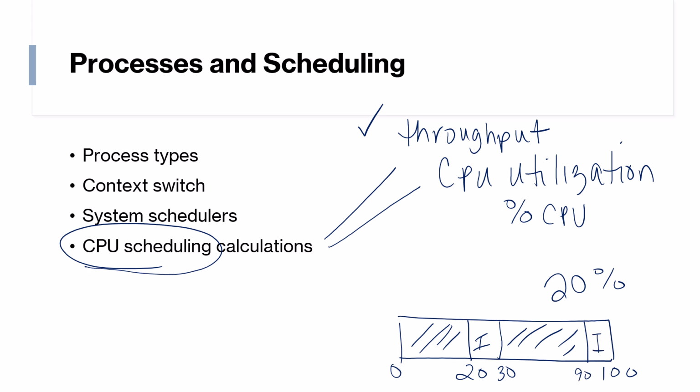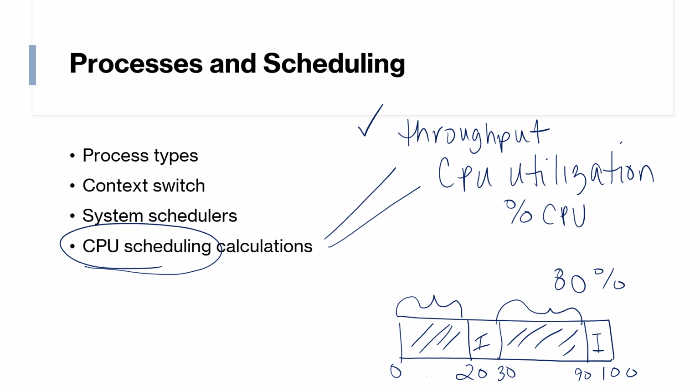So the CPU would be busy for 20 time units, idle for 10, busy for another 60. So that would be now a 70%. Is that correct? No, it would be 80% CPU utilization. 20 here plus 60 here is 80% CPU utilization.